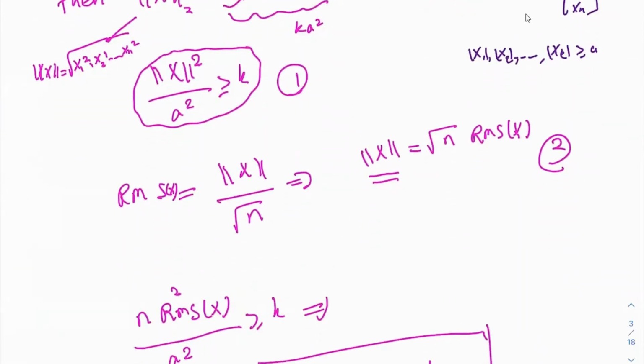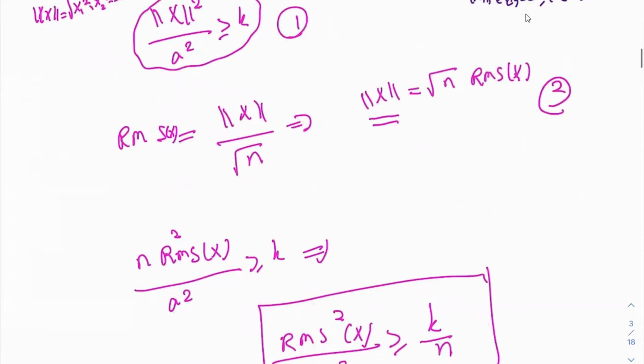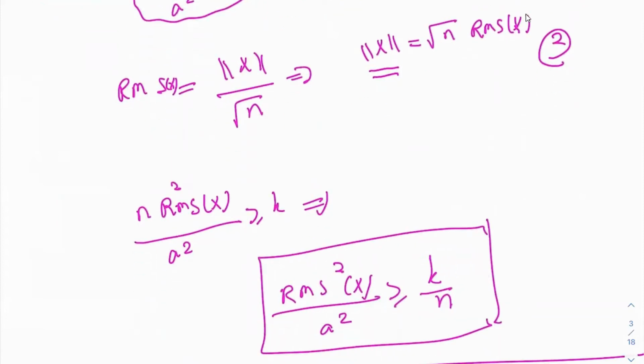What do I get? I get root n RMS of x squared, which is n times RMS of x squared, divided by a squared, is greater than or equal to k, right? So after I manipulate that, dividing by n both sides, I get RMS of x squared divided by a squared is greater than or equal to k over n.